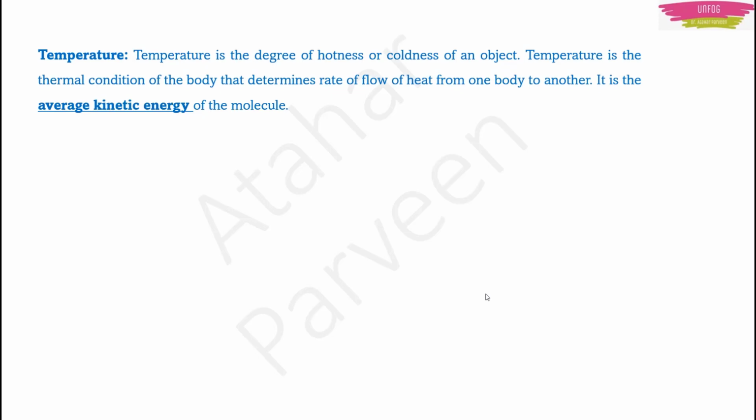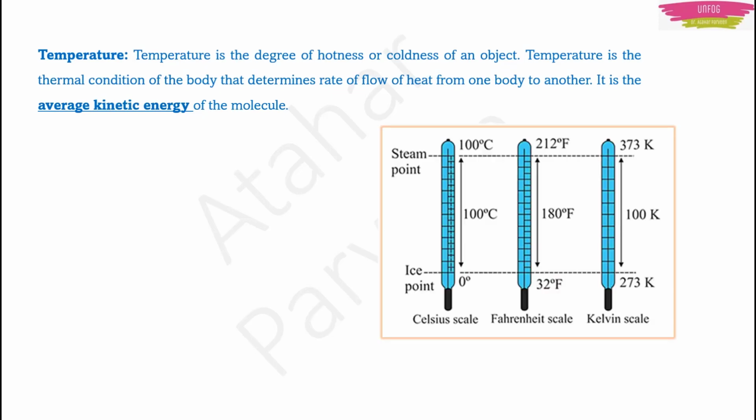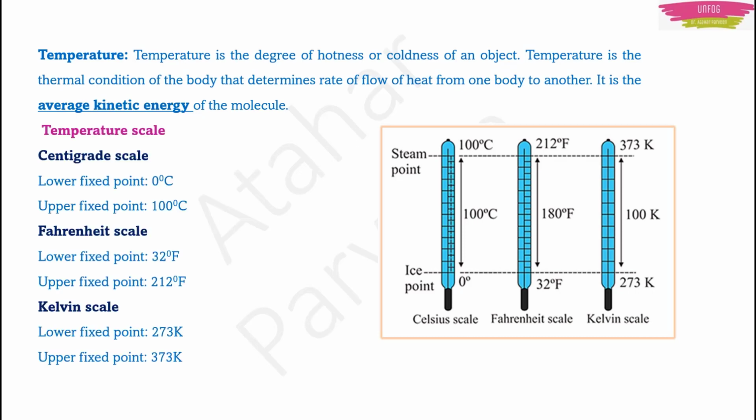Now, how do we measure this temperature? We measure it with a thermometer, right? That thermometer will have different scales, right? So, we have different scales for temperature, and each one will have a lower fixed point and an upper fixed point. They will have different units. For example, if the temperature is on the centigrade scale, then the lower fixed point will be 0 degrees centigrade and the upper fixed point will be 100 degrees centigrade.